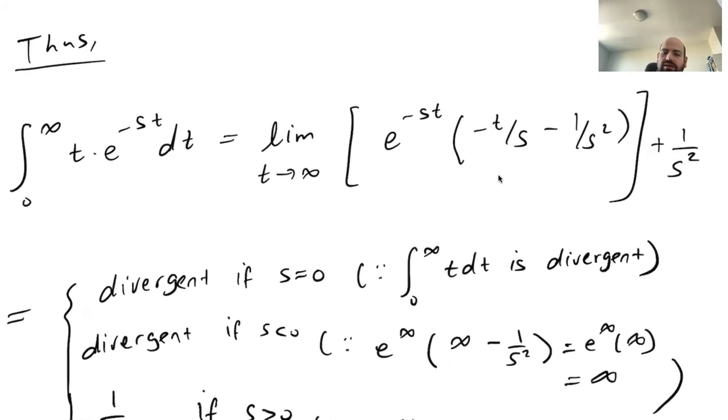So this will be minus infinity over a constant, minus a constant, which will be minus infinity. So this will be minus infinity times e to power minus infinity. E to power minus infinity is 0. So 0 times infinity. 0 times infinity is indeterminate.